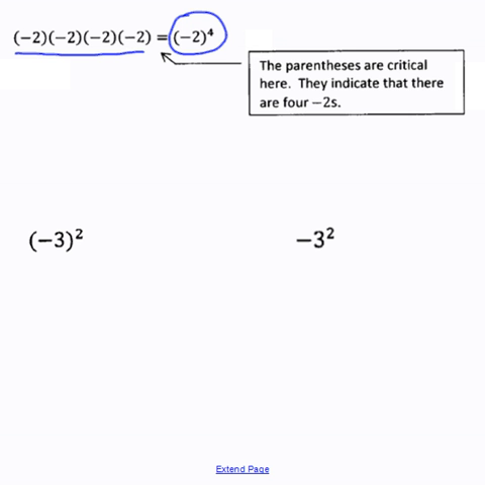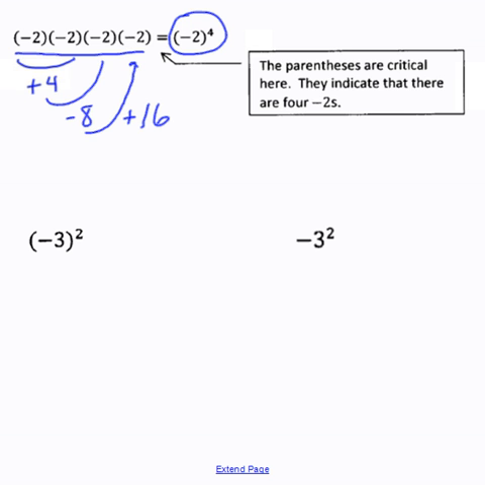So when you do this, you're going to do -2 times -2 is +4. +4 times -2 is -8. -8 times -2 is going to give us +16.